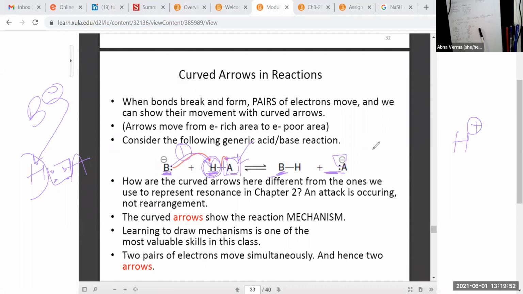So remember, where does the proton come from? It comes from the acid. Why? Because the proton has to leave behind its own electrons. And so this loss of proton will also accompany the breaking of the bond between the proton and the atom next to it. So that is going to be our second arrow.